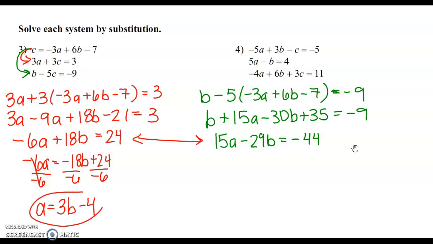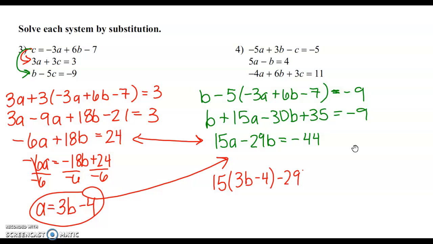Now I can substitute that in. So 15 times A, which is 3b minus 4, minus 29b equals negative 44. So 45b minus 60 minus 29b equals negative 44. So 45b minus 29b is 16b.